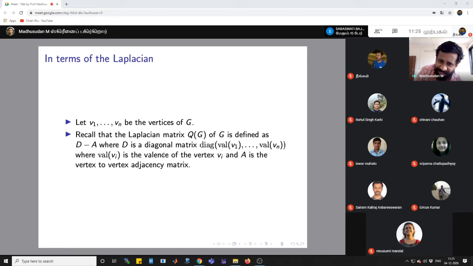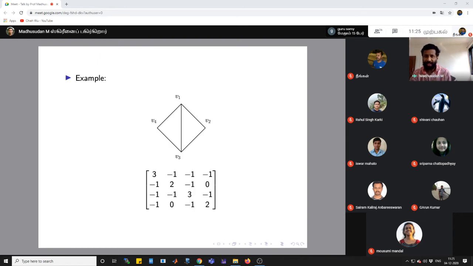So this is essentially the adjacency matrix, right? Because you can recover this information, this D, from the adjacency matrix. But this has some nicer properties which make it quite useful. Here is an example for the kite graph. For the kite graph, our Laplacian matrix is the following.